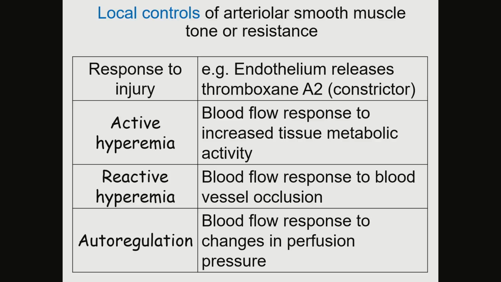Endothelin is also a vasoconstrictor, and that will cause constriction of your blood vessels. But we've already talked about that before, when we talked about thrombosis. But that was the last exam, or your first exam.